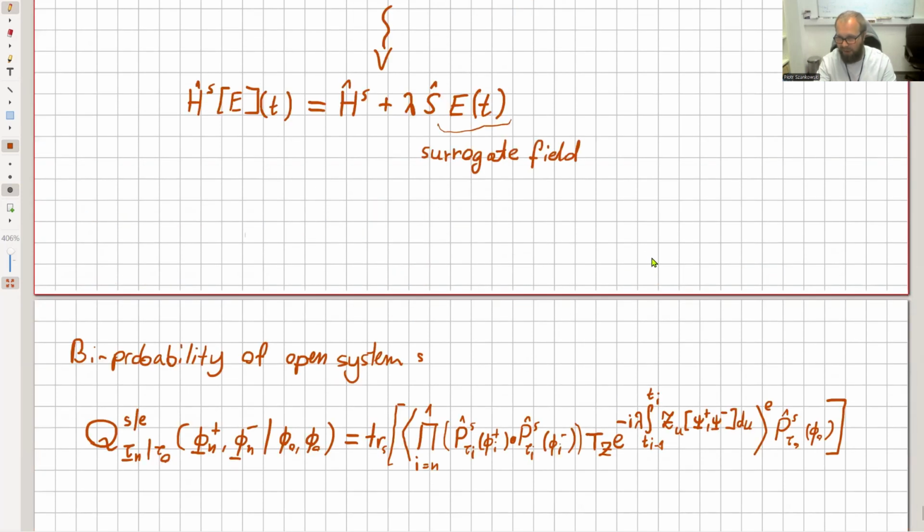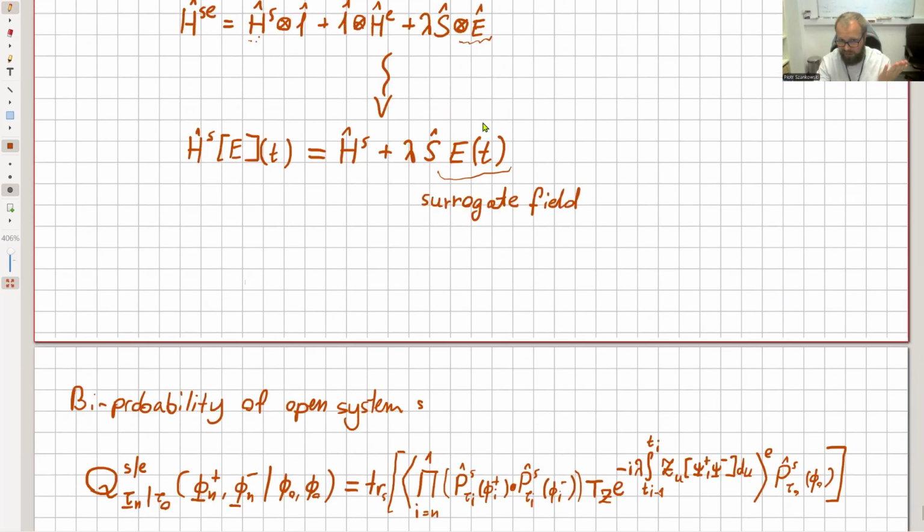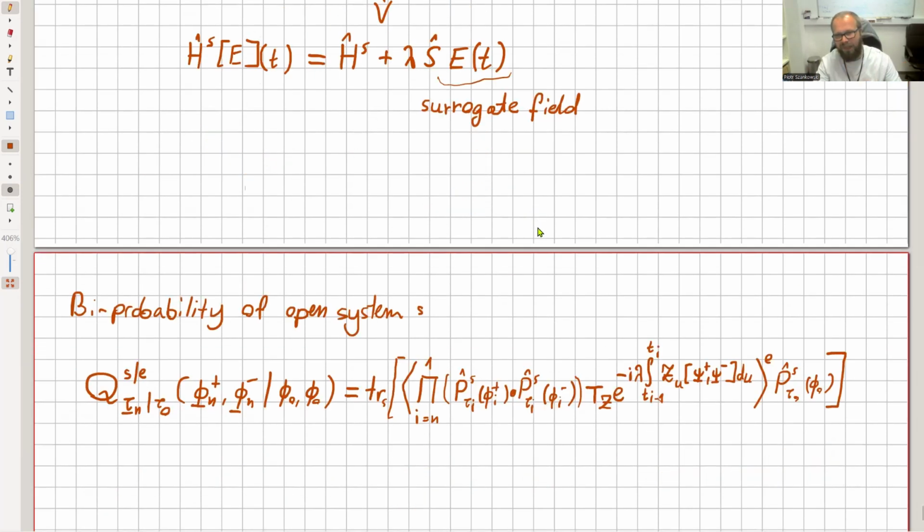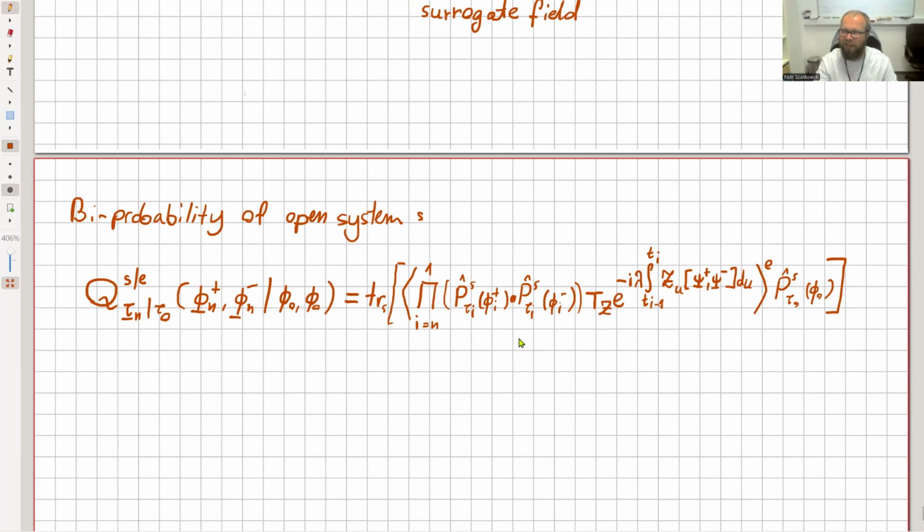And now we want to do this surrogate field replacement. In other words, we want to say that this thing can be accurately simulated by a stochastic model.